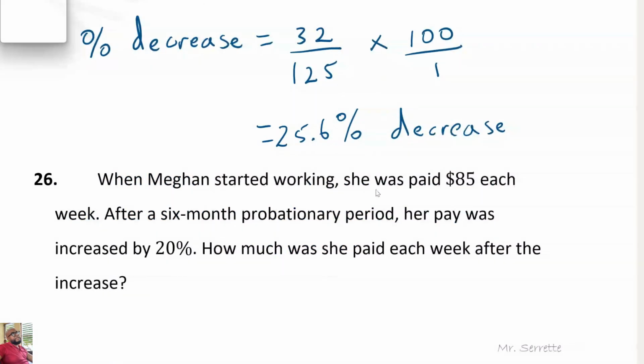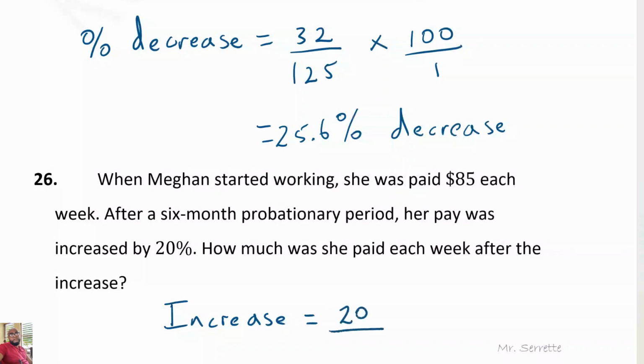25.6%. They said when Megan started working, she was paid $85 each week. After a 6-month probationary period, her pay was increased by 20%. How much was she paid each week after the increase, right? So you can do either of two things. You can find the increase first, right? How much percent did her salary go up by?